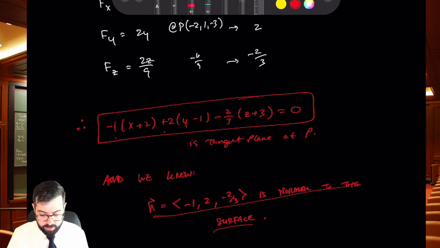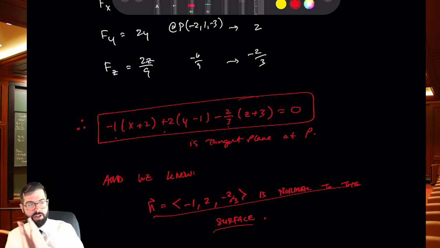Because these components here are the components of the normal vector for the tangent plane.